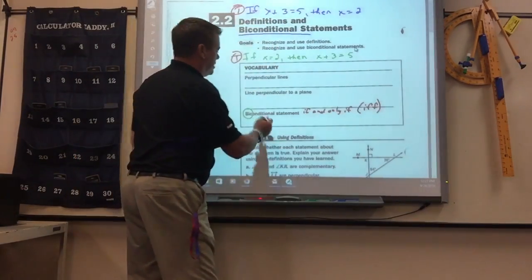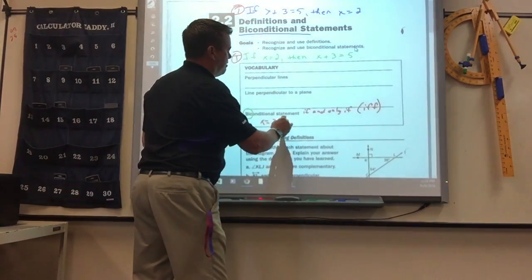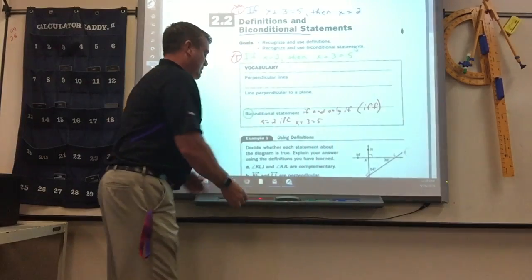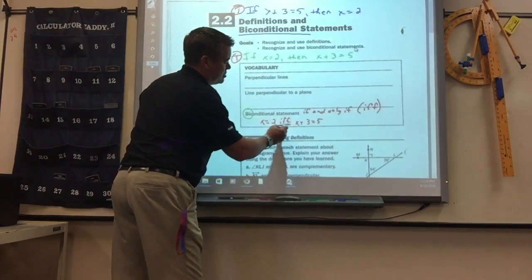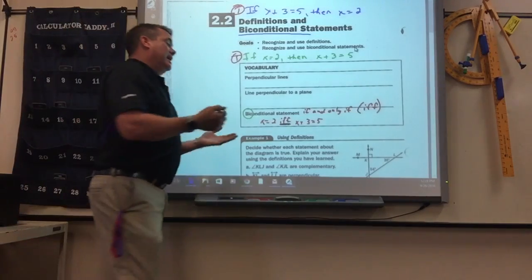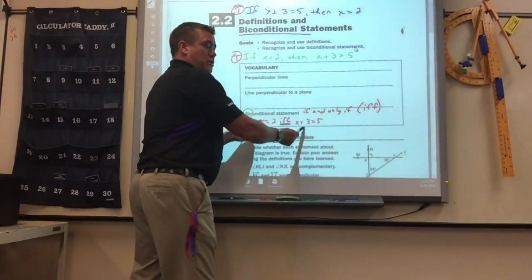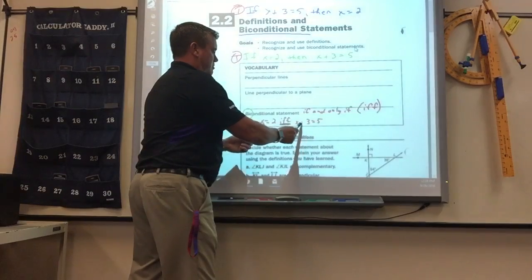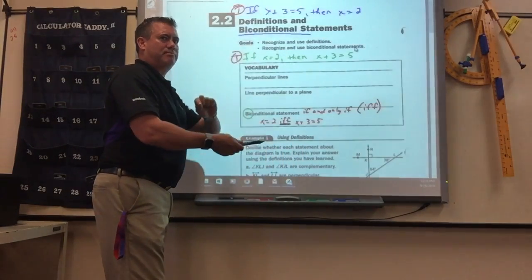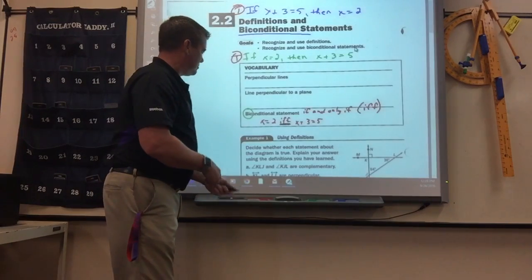So you would say x equals 2 if and only if x plus 3 equals 5. That's how you write a biconditional statement. You put the if and only if in between the two things. It doesn't matter which one you put first. You could have said x plus 3 equals 5 if and only if x equals 2, because it's true both ways.